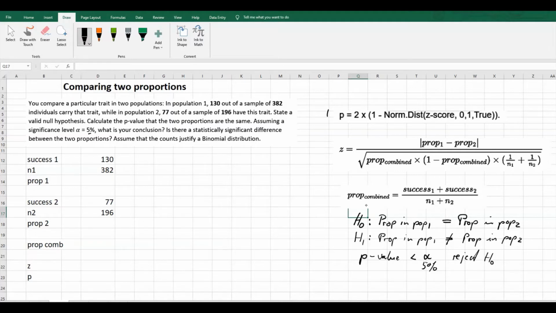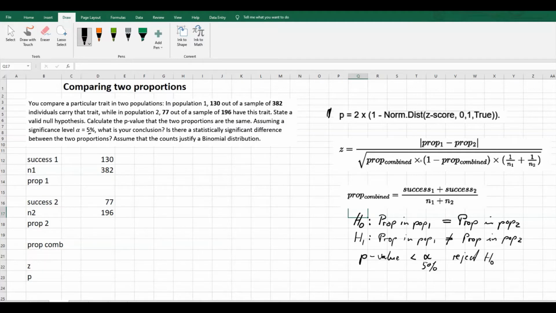So this is our rule that we use, and now we can calculate the p-value, and we have to do that stepwise. We calculate the p-value with this equation here, and for that we will use a normal distribution.